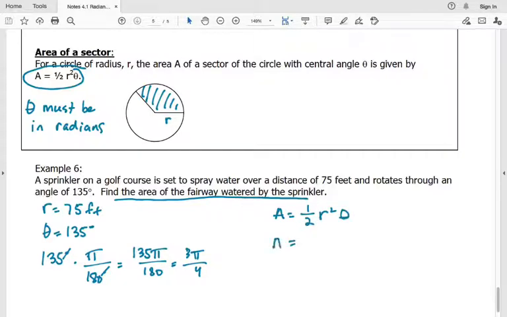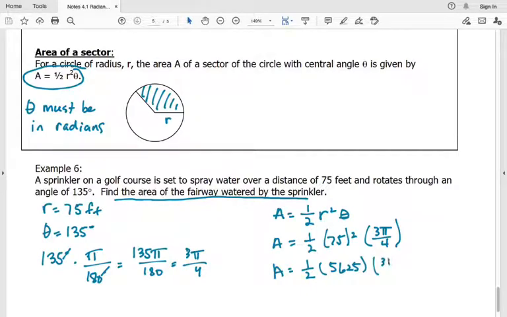Plug in what we know. So my radius is 75, and I'm going to square that, and I'm going to multiply that by theta, which is 3 pi over 4. Okay, so multiplying that out, 1/2 times 75 squared is 5,625. Multiplying that by 3 pi over 4, I'm going to go ahead and do the 1/2 and the 3 pi over 4.